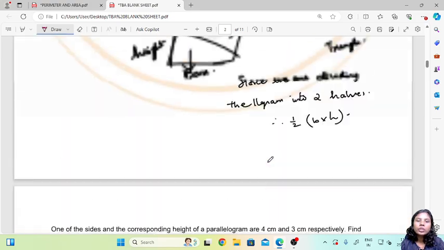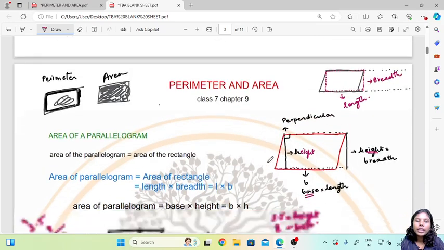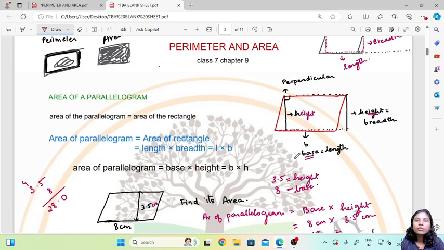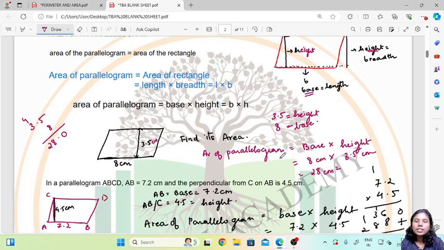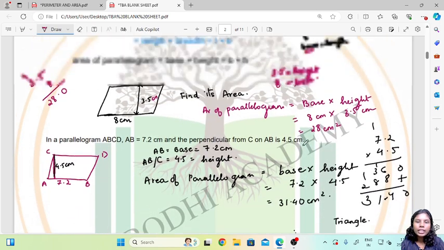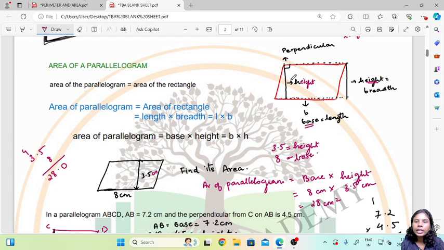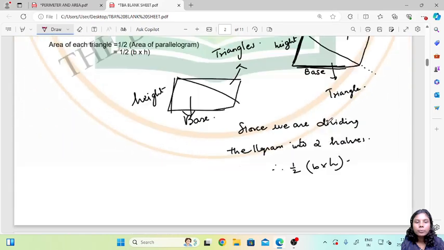So in today's video, what did we learn? We learned about the area of a parallelogram. That is, we said that it is equal to the area of a rectangle. Just the difference is that here the breadth is considered as height and the length is considered as the base. Then we also learned that there is a perpendicular that forms a 90 degree angle, and that perpendicular we consider to be the height of the parallelogram.